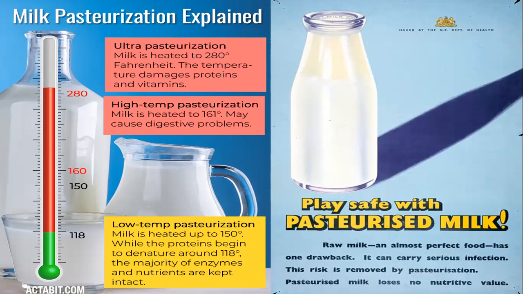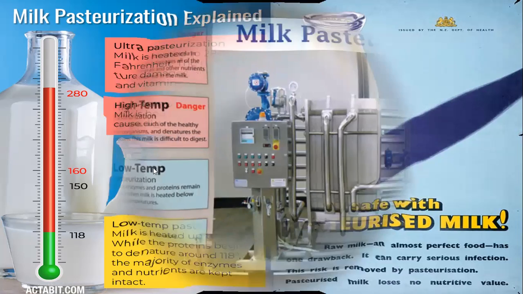So you should boil your milk for at least half an hour on low flame, or on high flame you can boil your milk 3 to 5 times. Okay, so we are going to study this pasteurization process also.